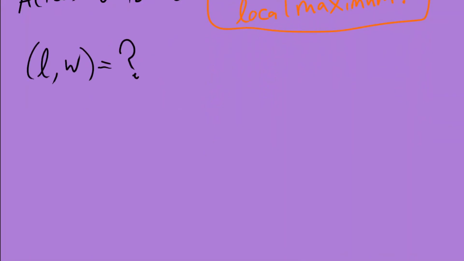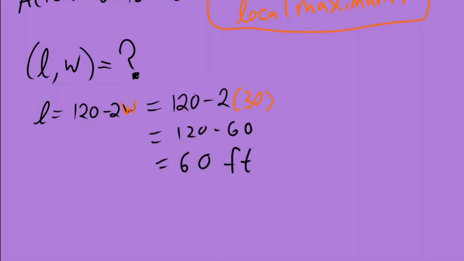So, what is our true answer? Well, given this W of 30 feet, we find that L equals 120 minus 2W equals 120 minus 2 times 30, which is equal to 120 minus 60, that is 60 feet. Therefore, our true answer is (L, W) equals (60 feet, 30 feet).